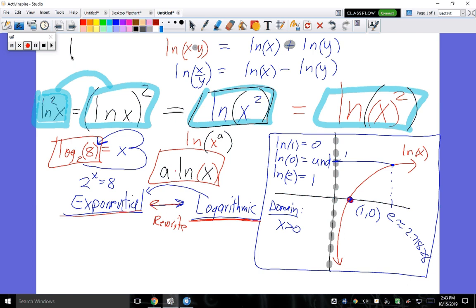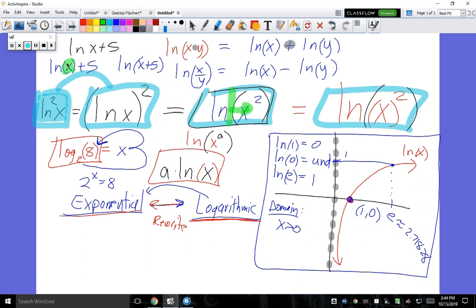If I were to write natural log of x plus 5, you tell me, would this be the natural log of (x plus 5), or would it be the natural log of x, plus 5? The first one. Because of this rule that I just said. Whatever follows the natural log, everything that's multiplied, that's going to be inside the parentheses.